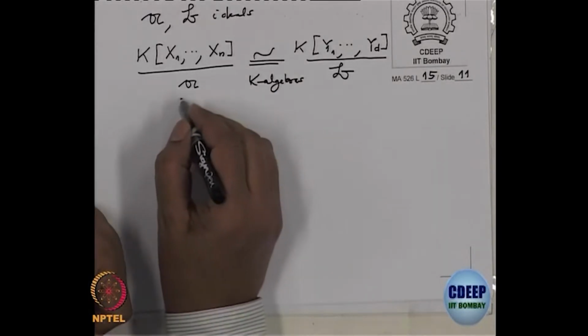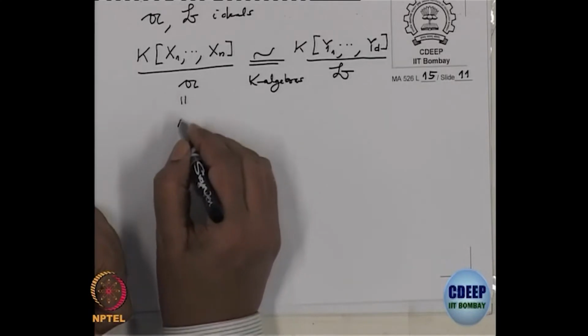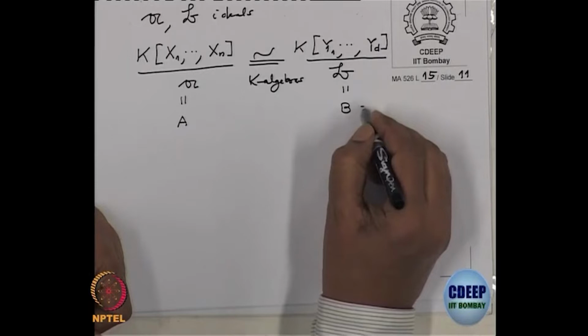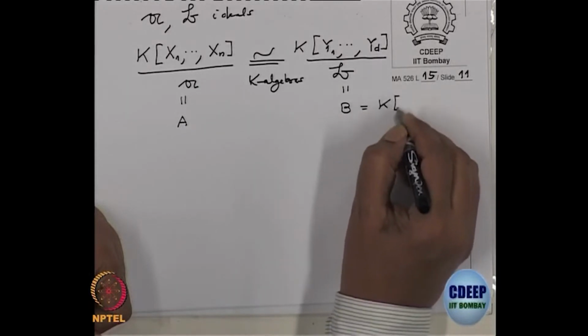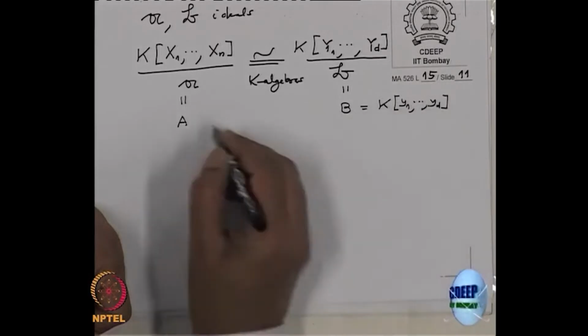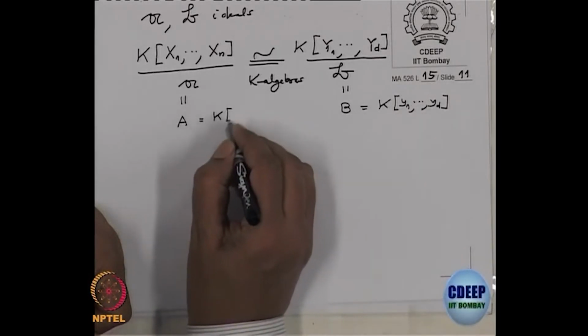So this we are denoting by A, this we are denoting by B, and this k[y1 to yd], and this was k[x1 to xn].